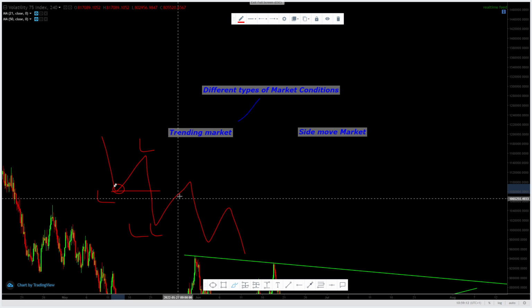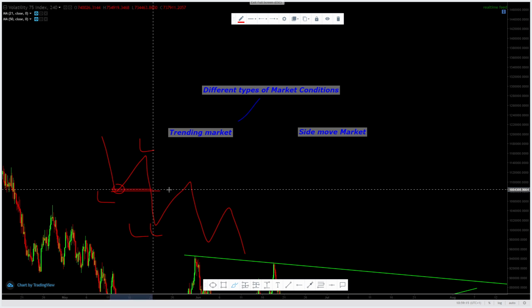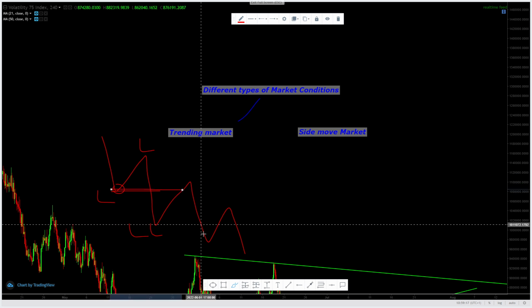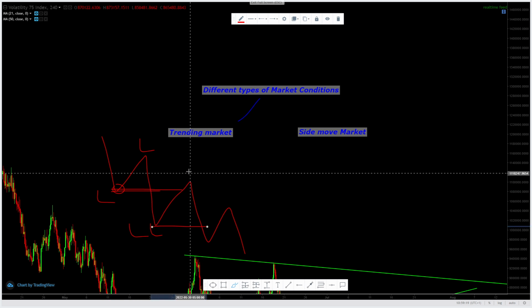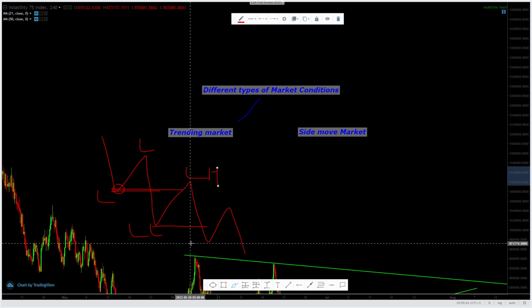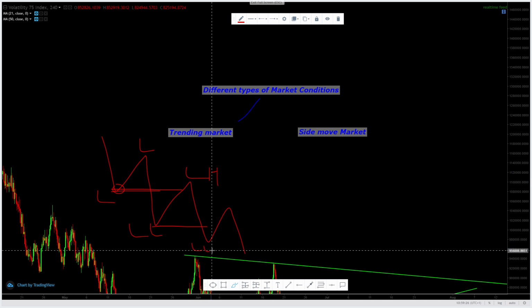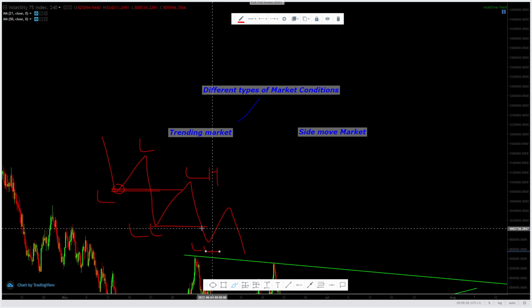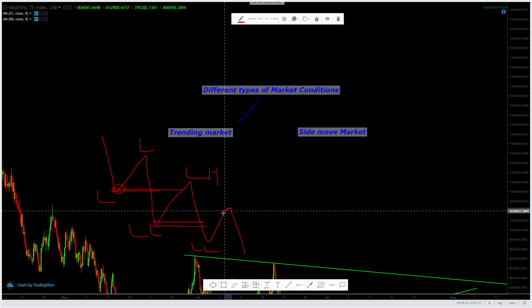Once price retraces back into structure and continues to the downside, breaking these lows, we have a confirmed lower high. Here we can see price retrace back into structure.